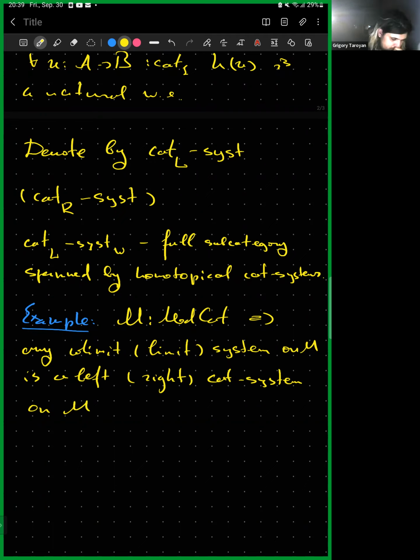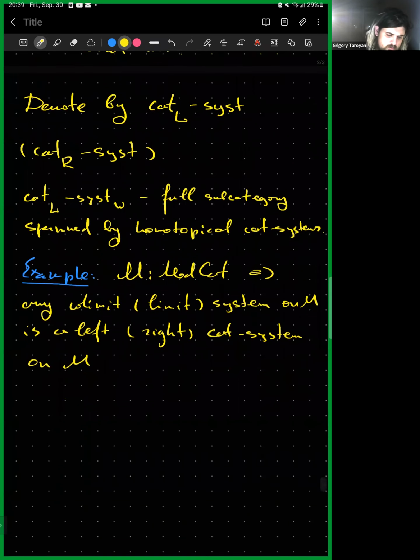So now we can define what a homotopy colimit and limit system is, analogously to colimit and limit systems for ordinary categories.